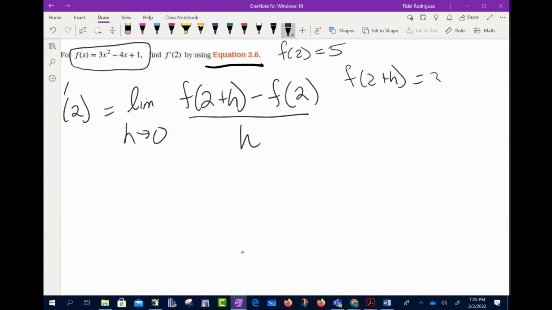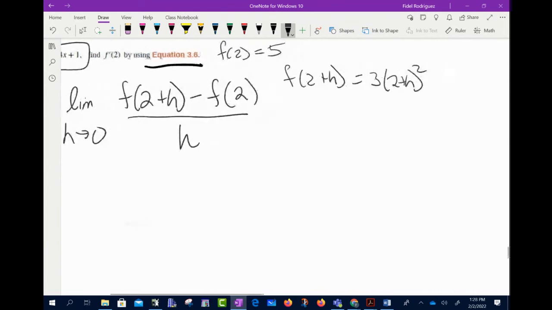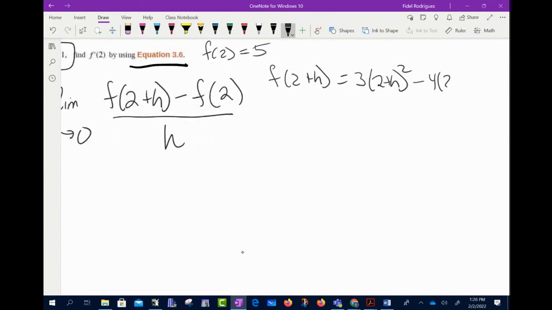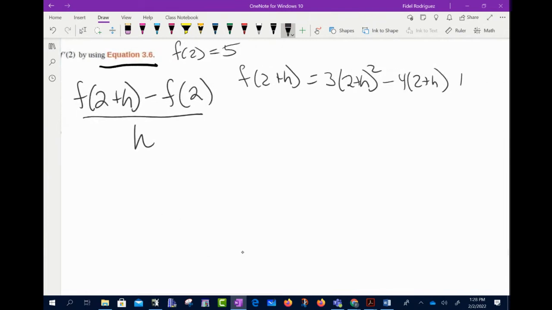Okay, so we're going to go slow. 2 plus h squared minus 4 times 2 plus h plus 1. Okay? 2 plus h, 2 plus h. Minus 8 minus 4h plus 1.